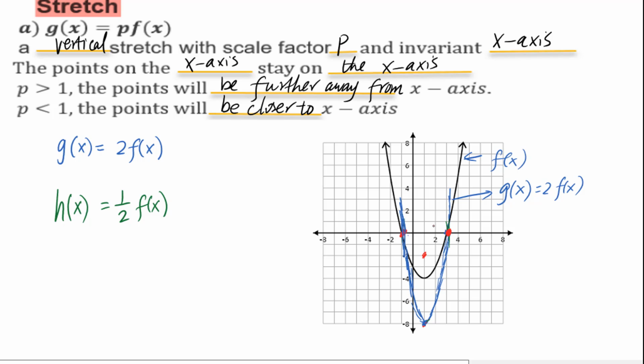It's here. Then you can connect these 3 points to get h of x equals 1/2 f of x. This will be h of x equals 1/2 f of x.